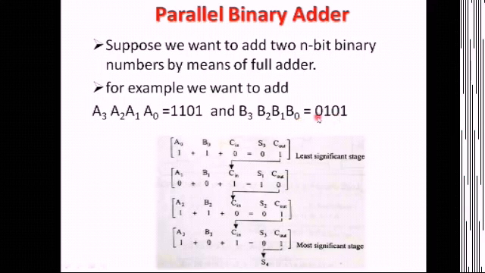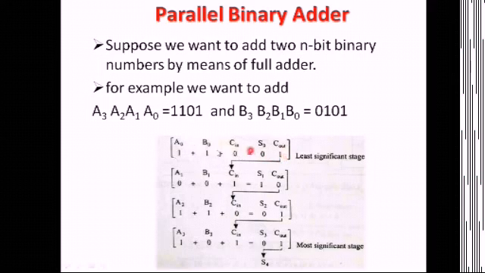As I already said, we can do it serially, and this one is showing the serial addition. Now see, this is A0, B0 and Cin. In the first case, Cin will be equal to 0 because we don't have any carry. So it is 1 plus 1 plus 0, that is S0 is equal to 0 and Cout will be equal to 1.